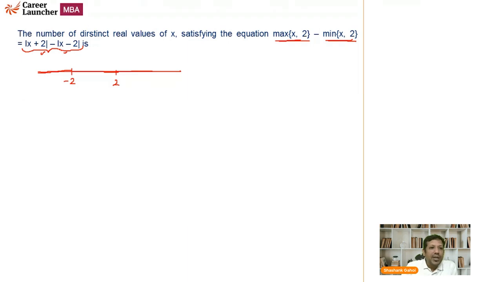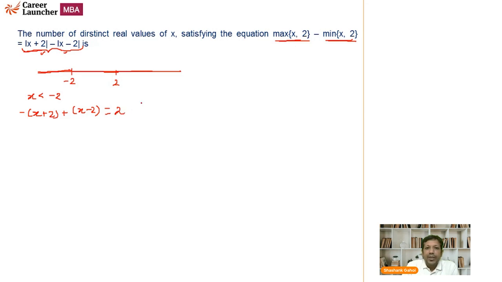So I am just going to start with the condition that if x is less than minus 2, then what will happen? This will be negative, so I am going to get minus of x plus 2. This will also be negative, so negative negative is going to be positive of x minus 2. And now x is less than minus 2 and this is 2, so which value is higher?